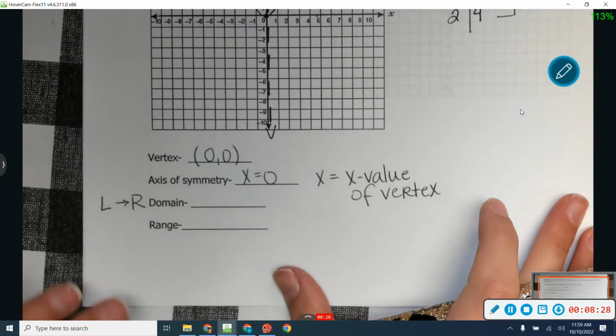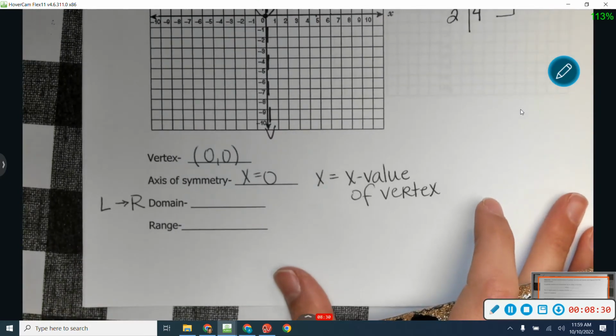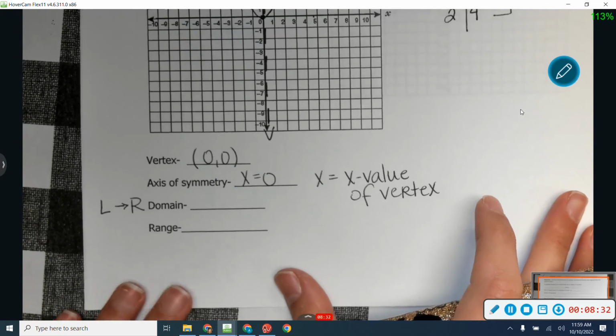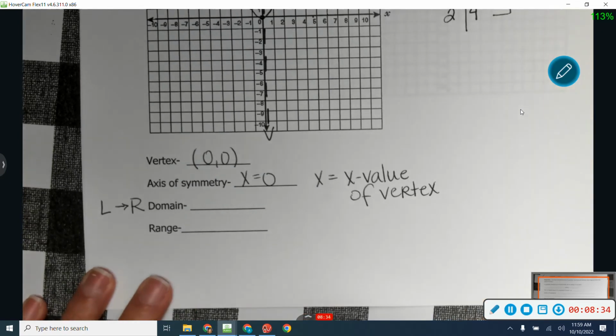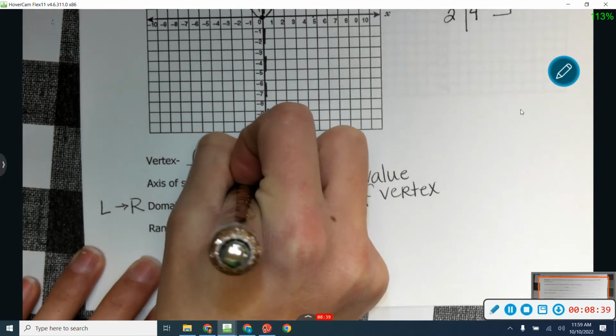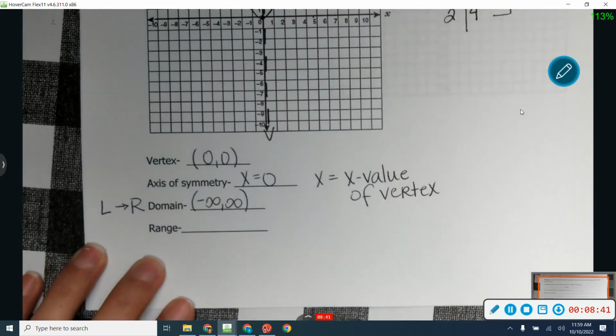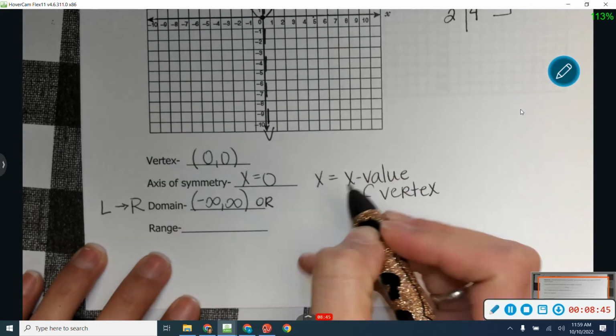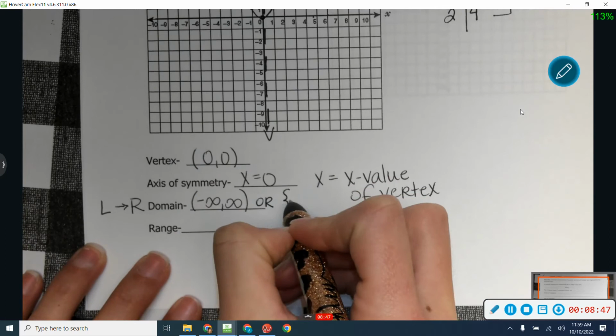Okay, so we're going to go back to interval and set builder notation. Interval notation would be negative infinity to infinity. Remember that? Set builder, remember, looked like this.